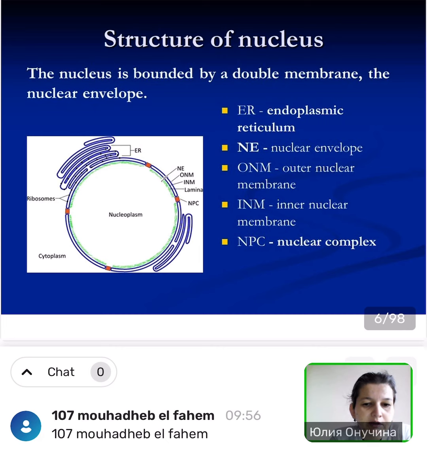You can see ribosomes located on the nuclear envelope and on the endoplasmic reticulum.